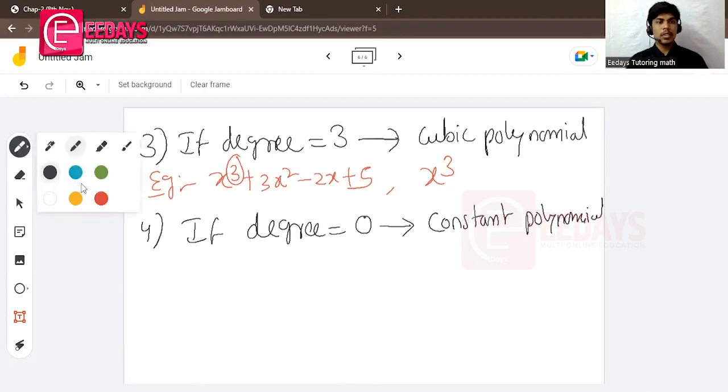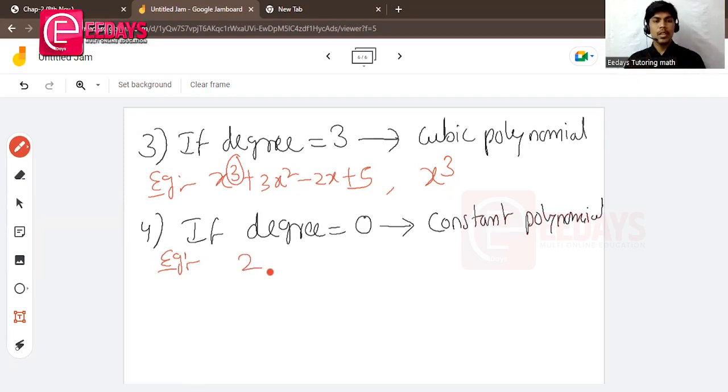Sir, what is the degree 0? How can we take an example? Let's take the number 2. What I told you at the start? Sir, there is no variable, so how can we describe the degree here? Observe the variable and what is the highest power. But there is no variable x or y, a, b, c or anything, then how can you say degree is 0? You can generate an exponent.